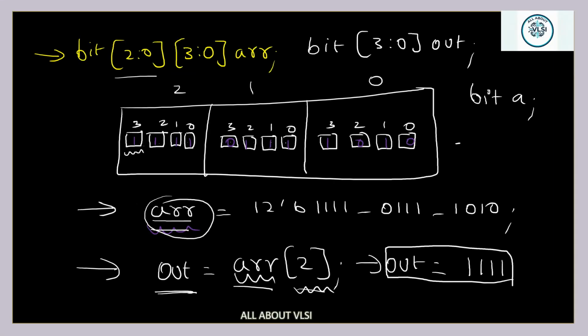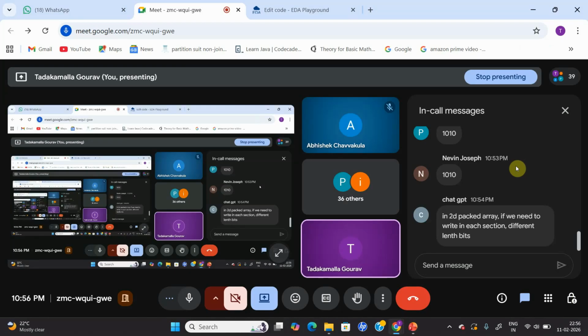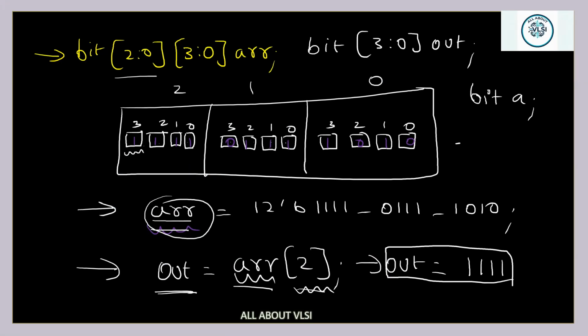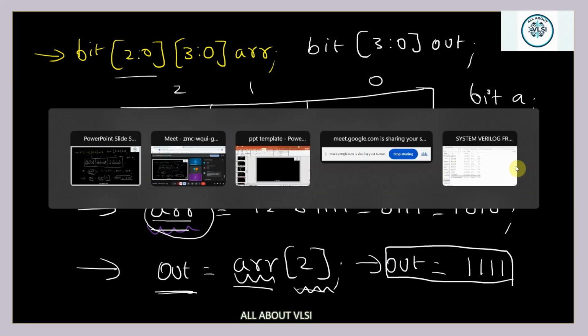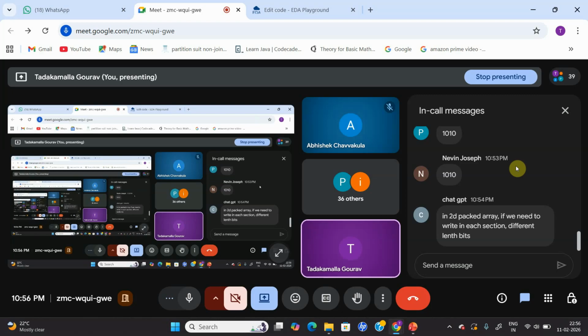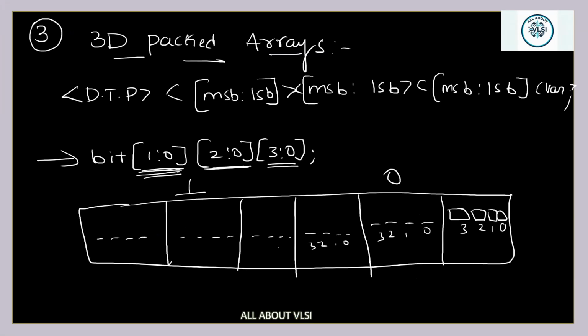Okay, what is your question? If we want to write in a 2D packed array, and in each section we need to write different length bits, where exactly? Can you give an example? Okay. Before that, tell me this one.